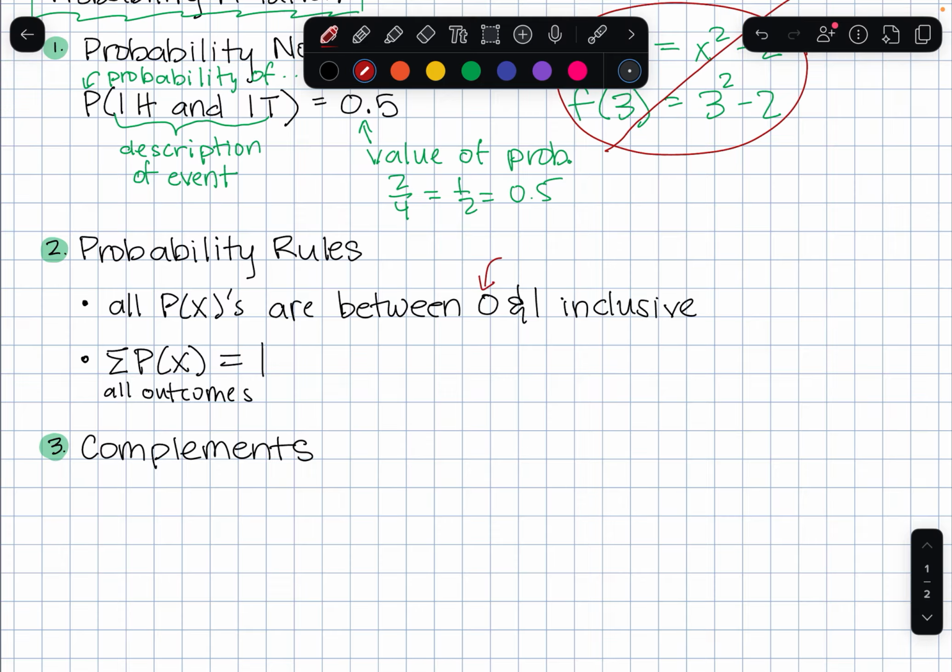If a probability of an event is exactly 0, it means the event never happens. It's not possible. For example, drawing a yellow card out of a deck of red and black playing cards. Can't, because it's not there. 1 means the event will always happen.